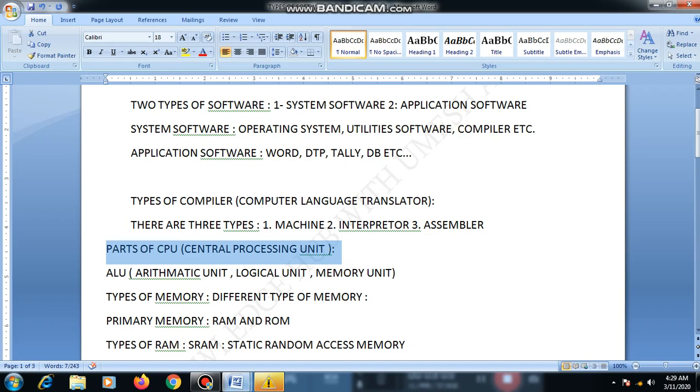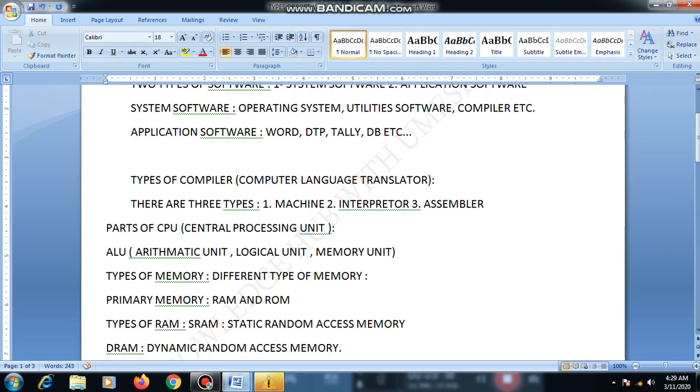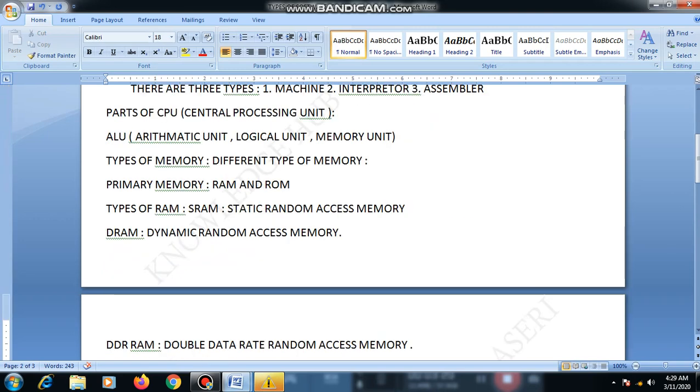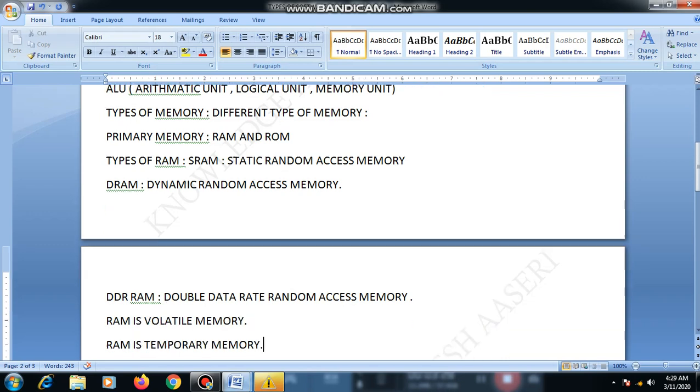RAM has different types: SRAM, DRAM, and DDR RAM. SRAM is static random access memory. DRAM is dynamic random access memory. DDR RAM is double data rate random access memory.